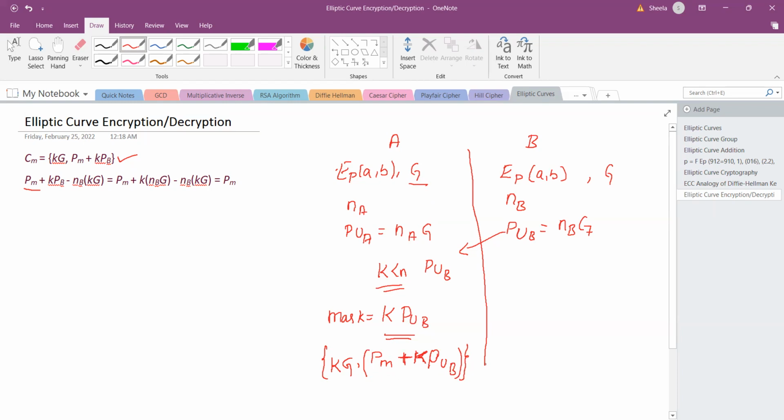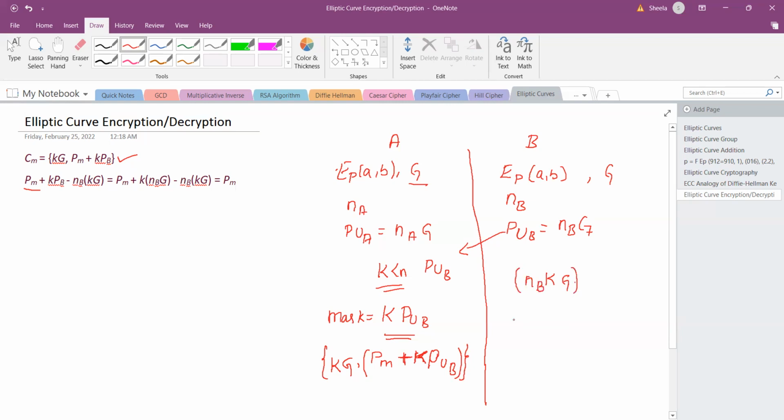So what will user B do? Whenever he wants to read the message, he doesn't know the mask. So he will find the mask using the clue. The clue is nothing but KG. He will multiply this KG by his private key.